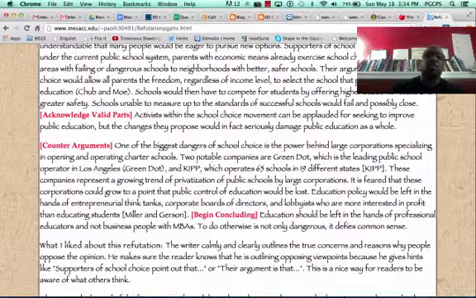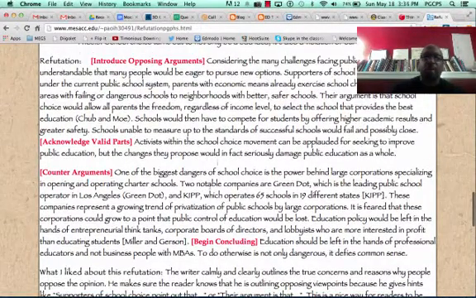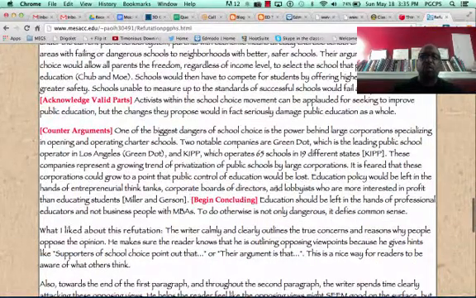So here, this is the meat of your refuting the opposing viewpoints. You have to break down the opposing argument and provide something better. In this case, they're explaining how these charter schools are actually tearing up the school system and not helping it. And then you have your concluding sentence in that paragraph: "Education should be left in the hands of professional educators and not business people with MBAs.